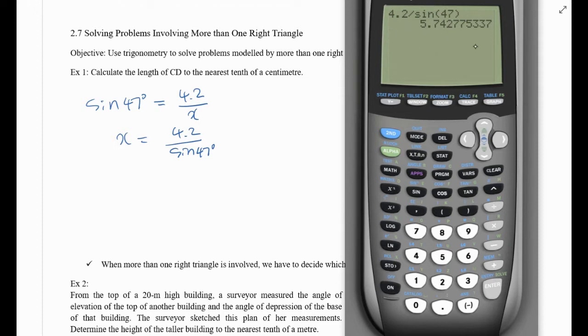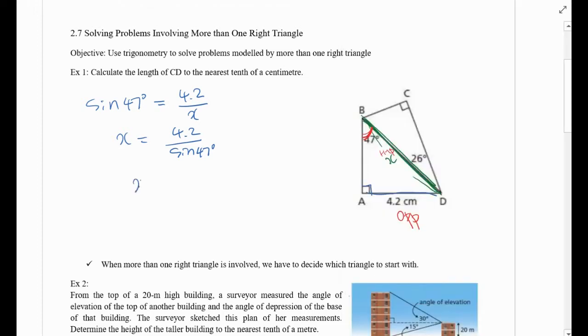Just in case, let's keep 3 decimals, 5.743. After that, we know X is 5.743. We're going to find the CD using X.